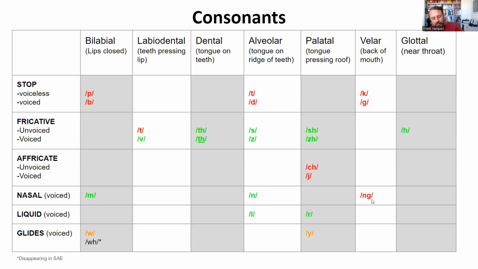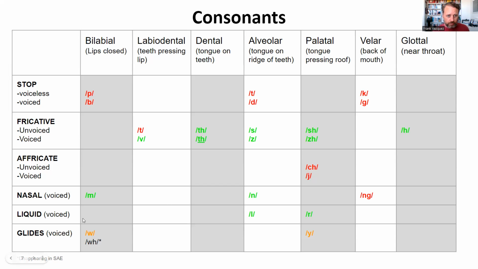Usually you're going to see this in words like song, sing, so it's usually coming at the end of a word. Or sorry, after a vowel too. That's a very key distinction with this. Some of these other ones can come in most positions in words.